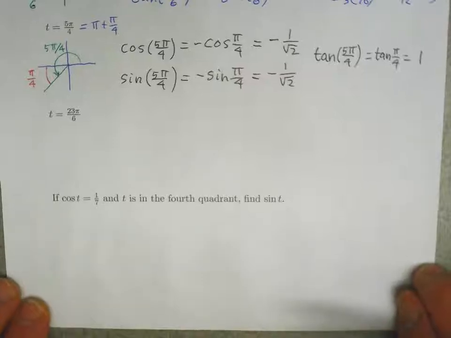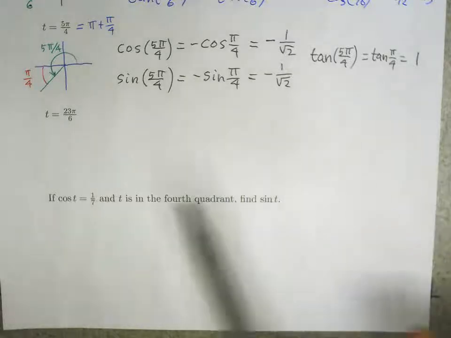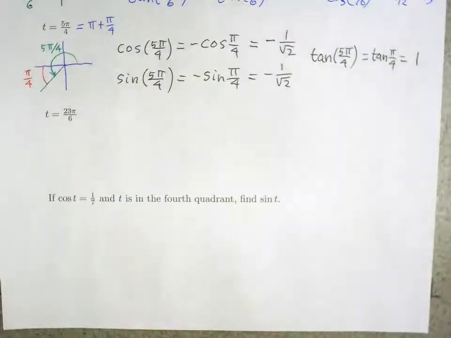Okay, one more. So this is a long section, but it's important, so let's keep going. T equals 23 pi over 6.